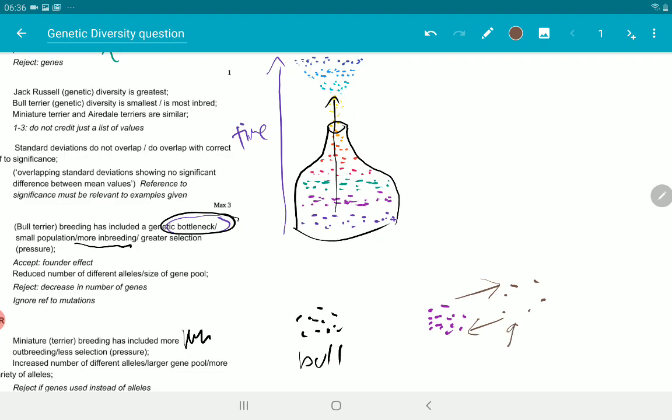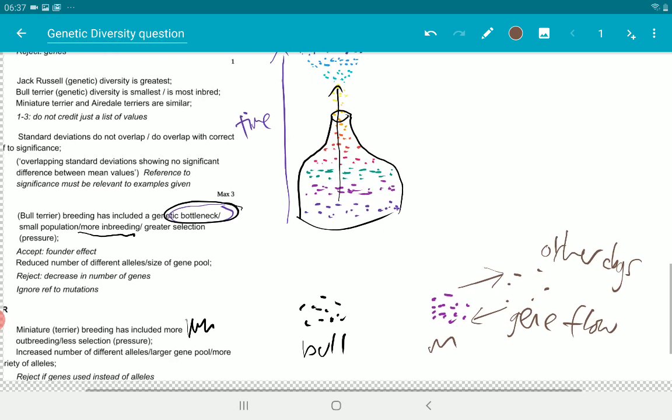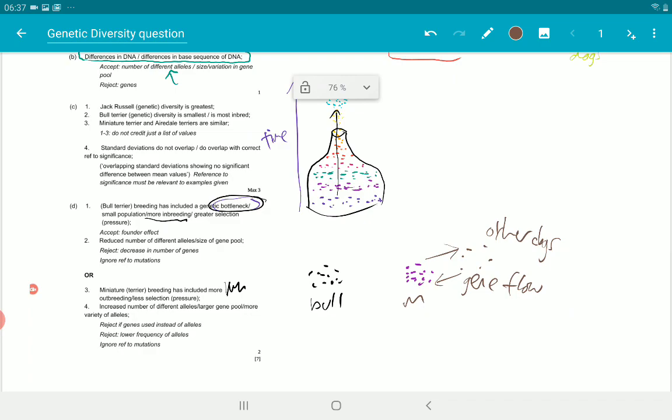So you've got this gene flow between the miniatures and other dogs. And then that introduces other alleles into the miniature terrier population. So that's what's going on there.